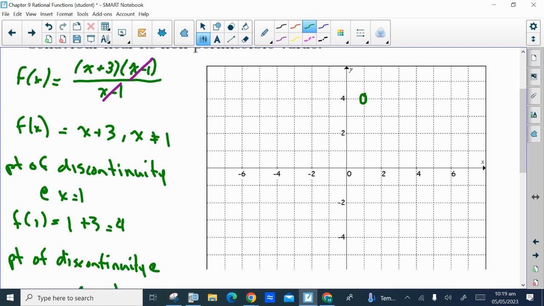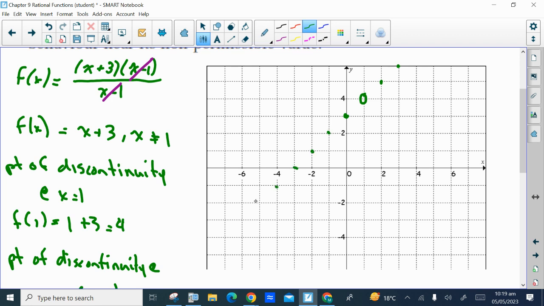The rest of it is defined by the simplified expression y equals x plus 3. That's a line that has a y-intercept of positive 3 and a slope of 1. We can rise 1, run 1, which will take us to the point of discontinuity. We have room to rise 1 and run 1 two more times, and we can also rise negative 1 and run negative 1.